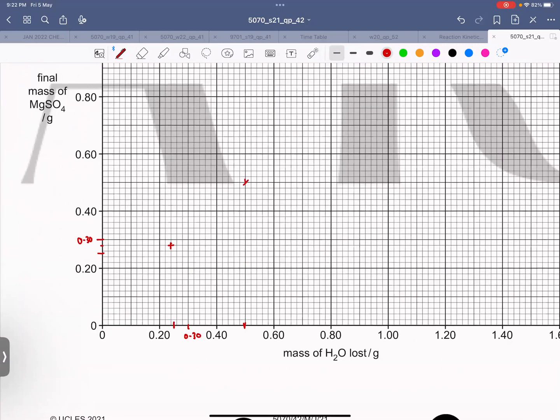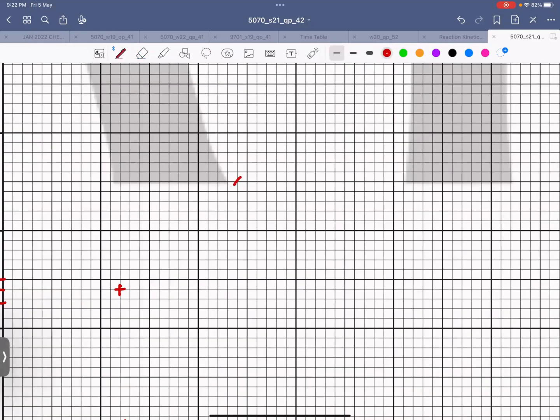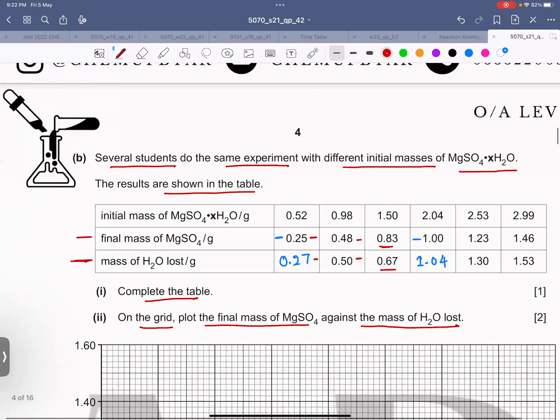So here it is 0.50 and 0.48. So it must be over here. Okay. Then the next value is 0.83 of magnesium sulfate and 0.67 of water.